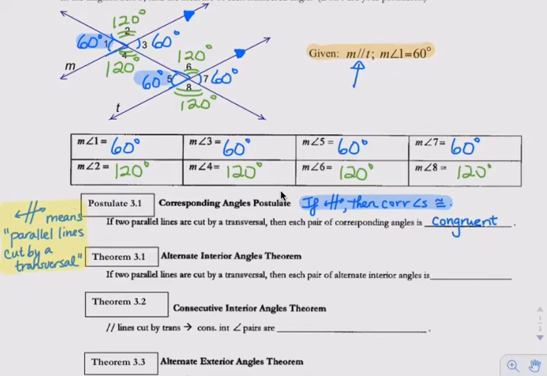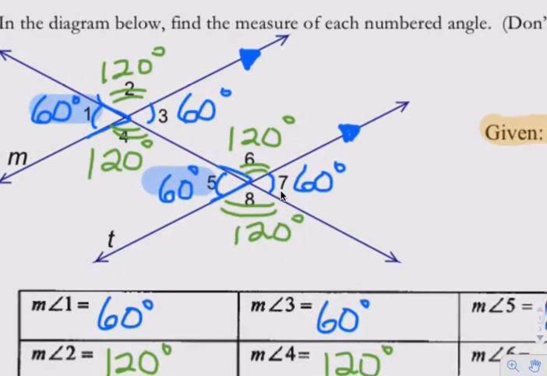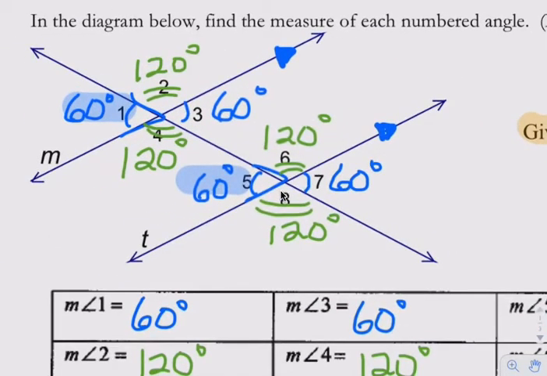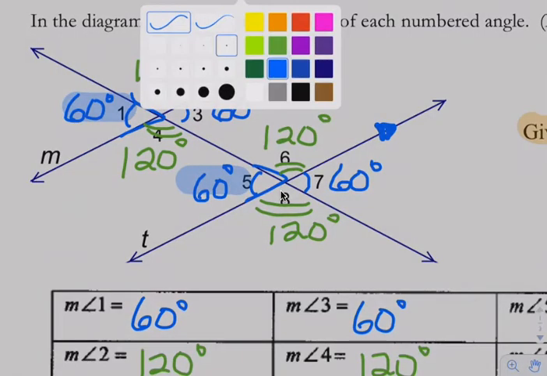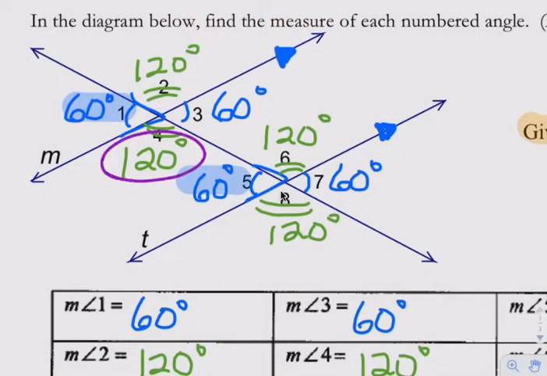Okay, so alternate interior angles. Let's find a pair of alternate interior in the picture. So alternate interior, angle 4, and what are alternate interior? Well, remember, alternate means on opposite sides of the transversal, interior means between the two lines, in this case, the two parallel lines.